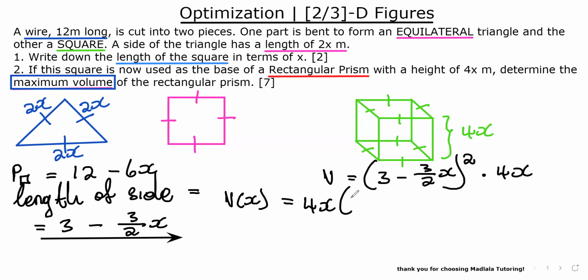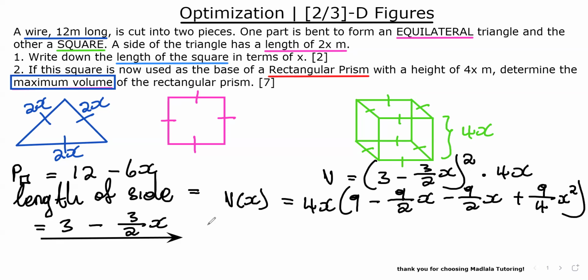So when you say 3 by 3, you get a 9. And when you say 3 by 3 over 2, well, you get 9 over 2x, minus 9 over 2x, plus 9 over 4x squared, all right?